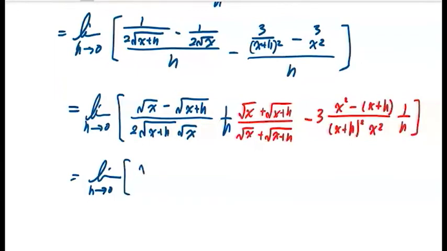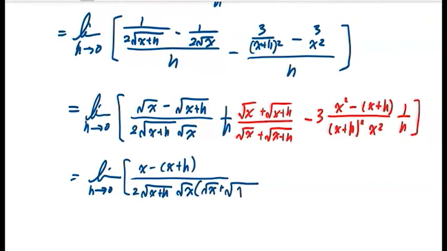So this becomes x minus x plus h on the numerator, and the denominator is super long. Like that, and don't multiply, don't distribute, don't even think about it. Minus 3, and then this thingy, you'll have this.